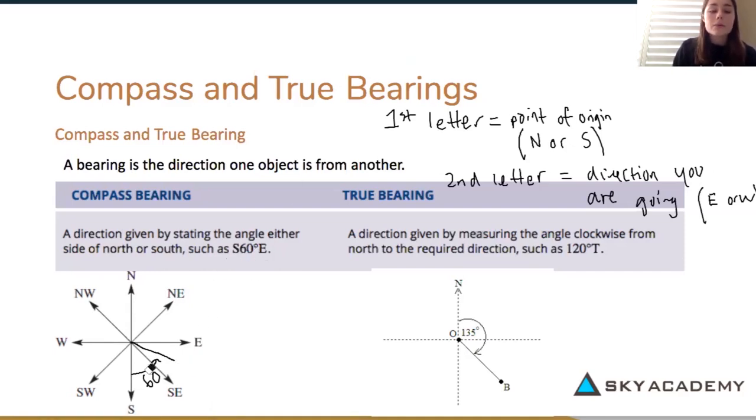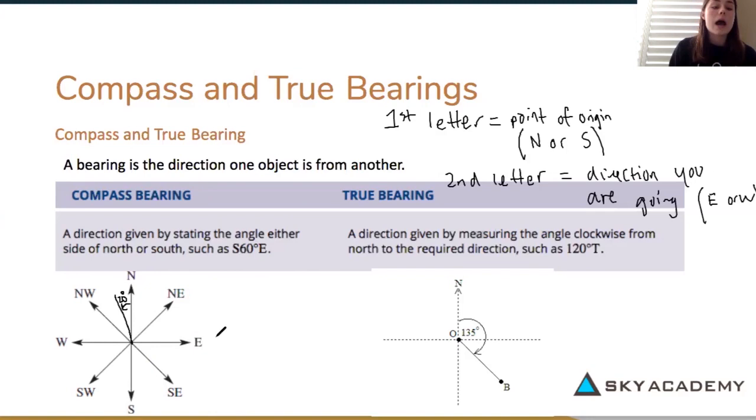If I was to do another example and draw a line, let's say here, and say that is 20 degrees in here. If I was to write the compass bearing of this line, my first letter needs to be my point of origin, whether north or south.